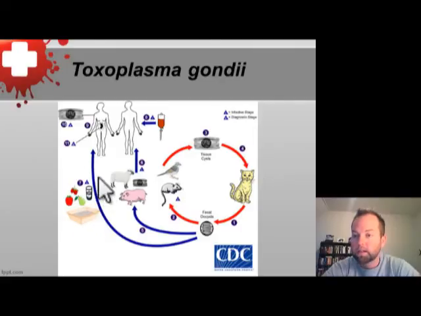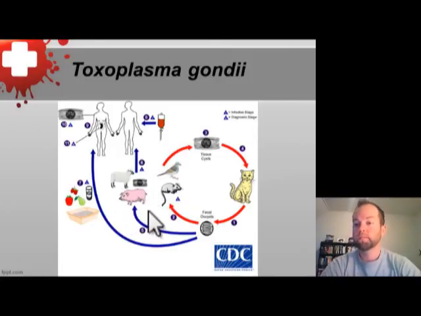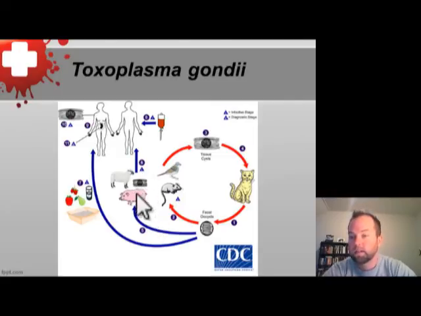Humans get infected through ingestion of these sporulated oocysts, or through ingestion of animals that have been infected with the sporulated oocysts. Once the animal ingests sporulated oocysts, they develop into tachyzoites, which navigate to neural and muscle tissue, where they develop into bradyzoites and stay in the tissue of the host.